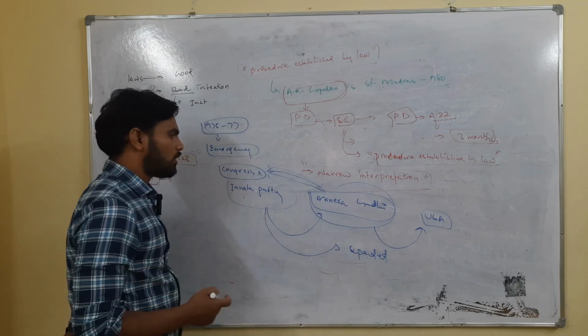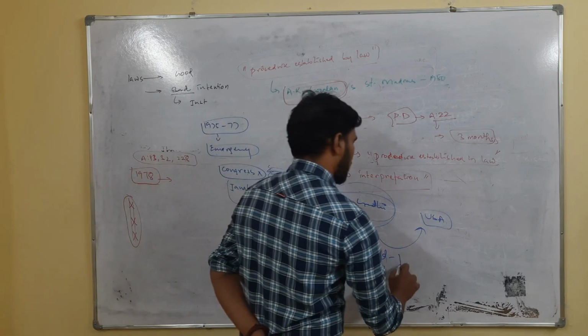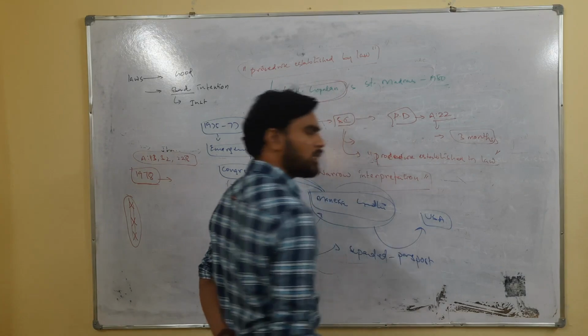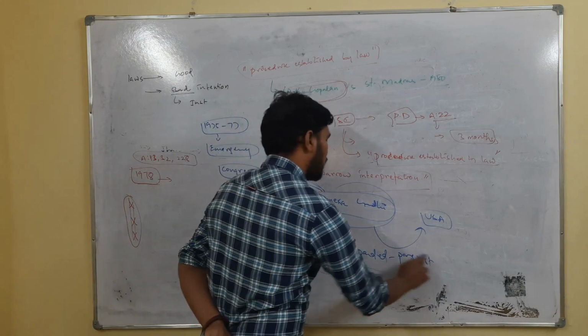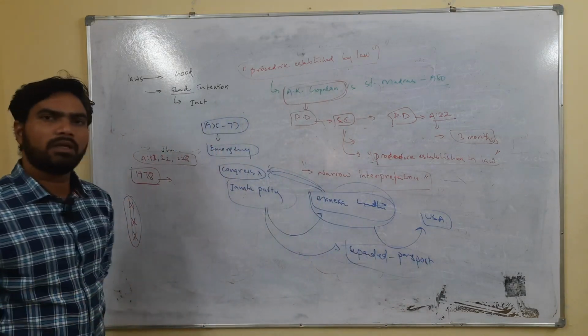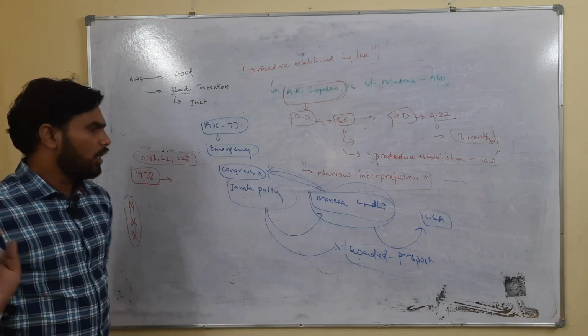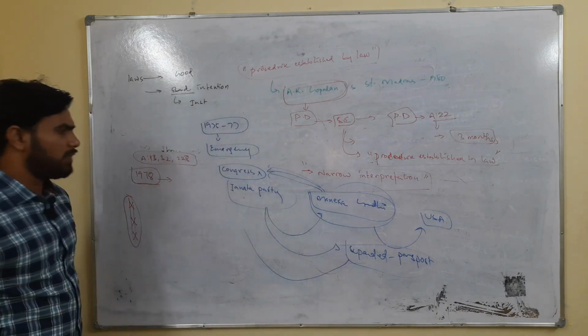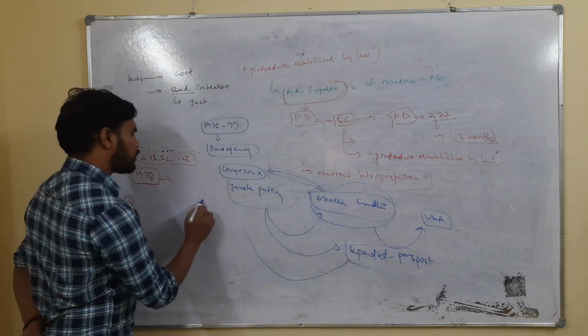What happened when her passport was suspended? She cannot leave the country, because without a passport it's very difficult to leave. Then she challenged this decision of the Janata government in the Supreme Court.